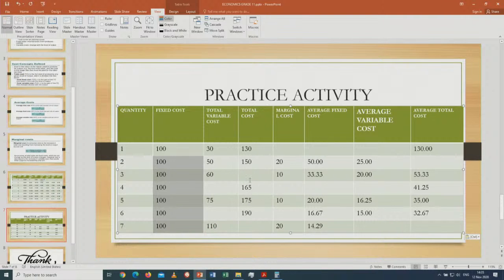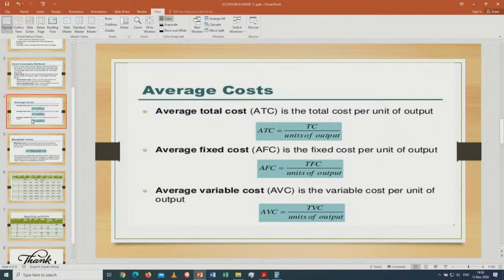And then we are supposed to calculate the marginal cost. But what did we say the marginal cost is? We said the marginal cost is the change in total cost divided by the change in quantity. Can we go to the total cost again?